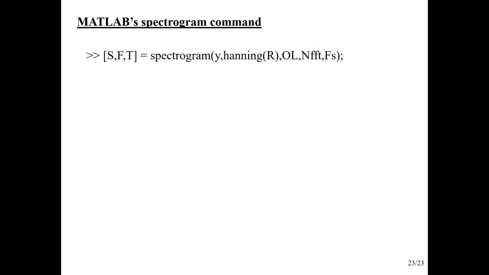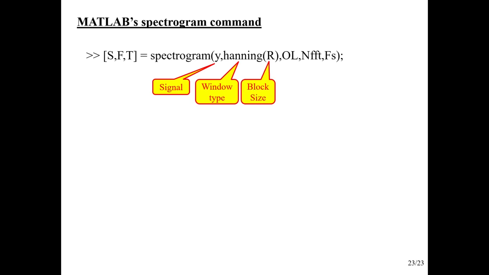And that array of DFT points is in the S, with down it being frequencies, and across it being time points. So that's the signal, that's the window type, that's the block size or the window length, the overlap in samples. So not a percentage, it's an overlap in samples.